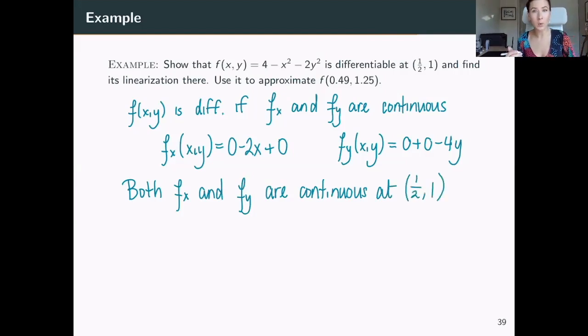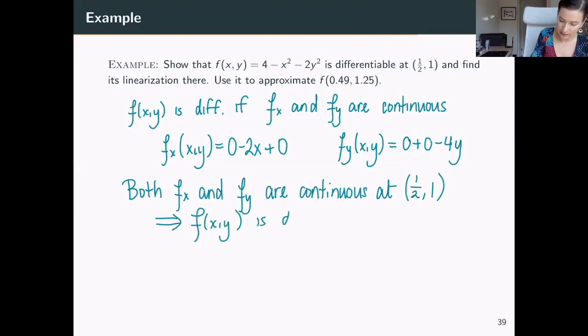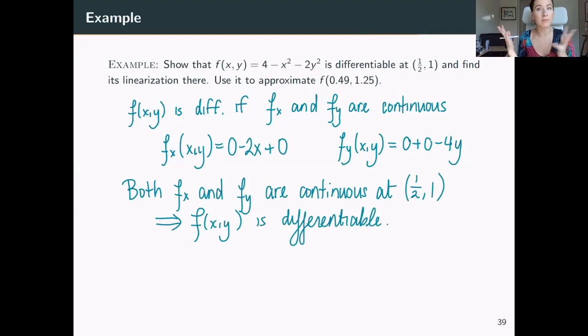And so we have that our function is differentiable. So here, this means that f of x, y is differentiable. Awesome. So we've done the first part of the problem.